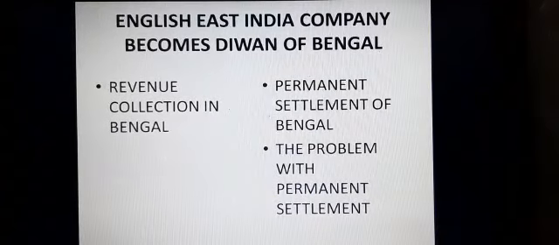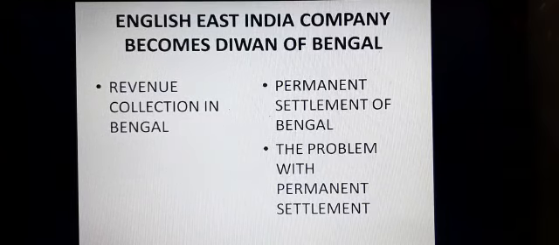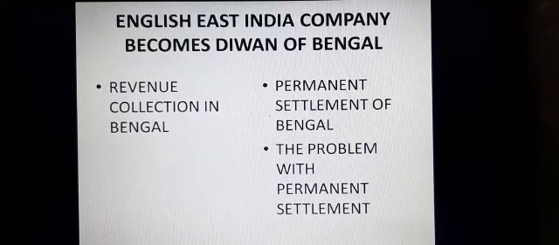Now, the revenue collection in Bengal. Students, the main goal of the company was to collect maximum revenue to buy Indian cotton and silk at the cheapest rates. In 1773, the company took collection under its direct control and auctioned the collection to the highest bidder.